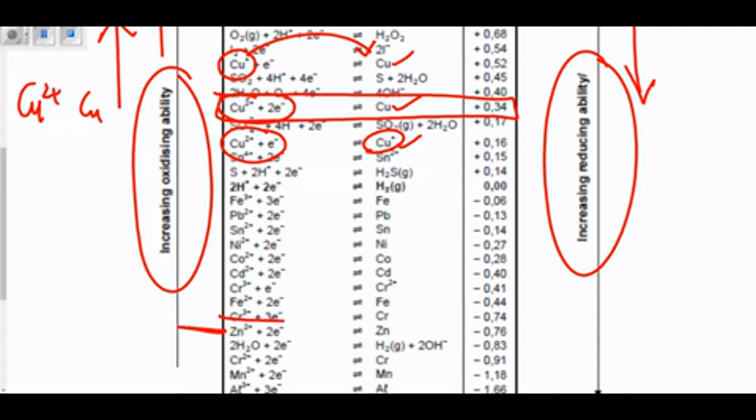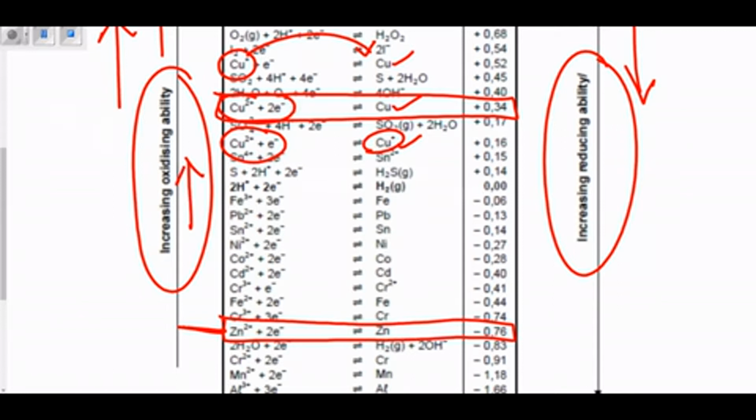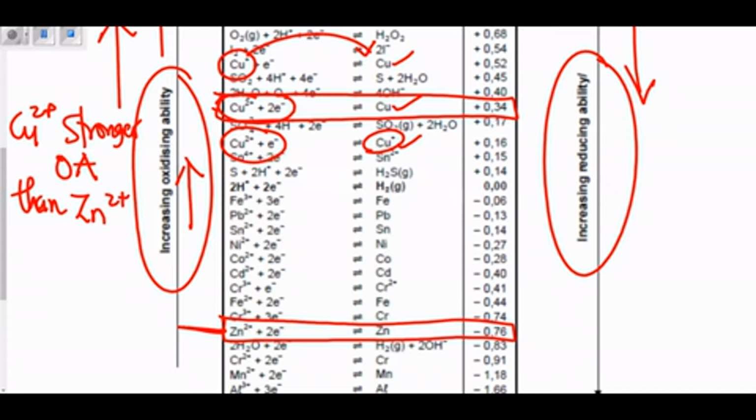So let's compare copper and zinc in this case. Now we're saying that as you move up the table, remember this arrow. Is it okay therefore to say copper 2 plus is a stronger oxidizing agent than zinc 2 plus?